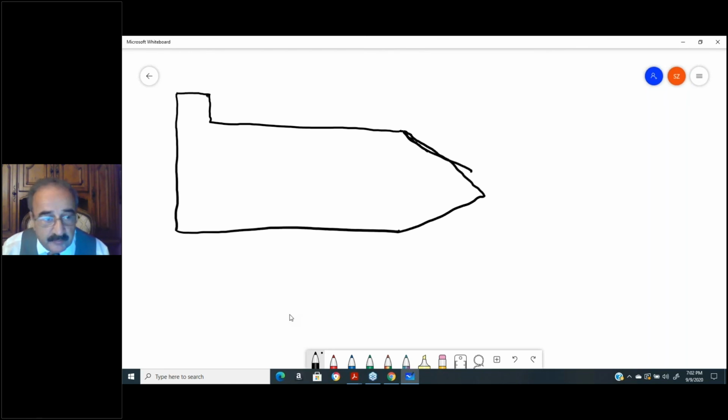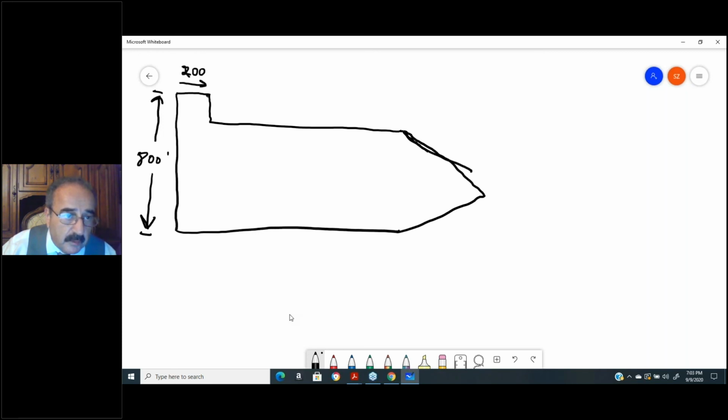This is the shape of the farmland. It's 800 feet from here to here. It's 200 feet from here to here. It's another 200 feet from here to here.